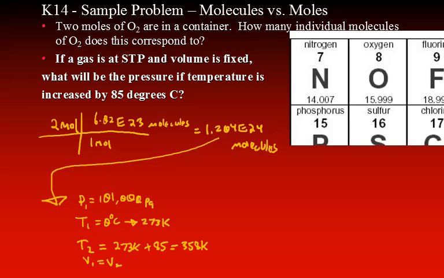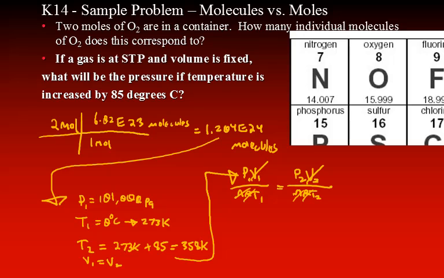All right, so pressure, standard atmospheric pressure, is 101,000 pascals. Temperature is 273 Kelvin, and that's temperature 1. Temperature 2 is 85 degrees Celsius higher, 358 Kelvin. And then volume 1 is equal to volume 2. We can set up our equation: the ideal gas before should equal the ideal gas afterwards.